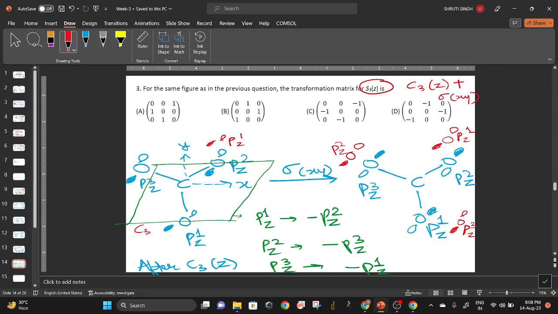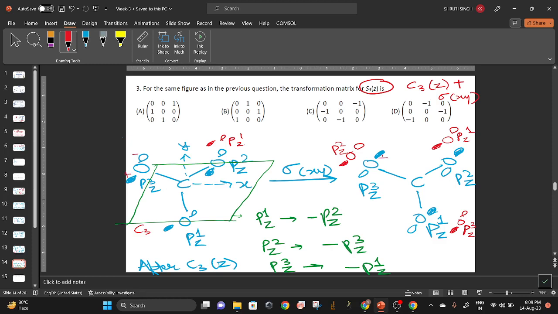Then sigma xy applied. So what did sigma do? Sigma did not change the position of any atom, because sigma xy is the molecular plane, so it just reflected the lobes. So pz3 here, which was pz3 after C3, remained at its own position, but its lobes changed. So suppose this was positive, this was negative.